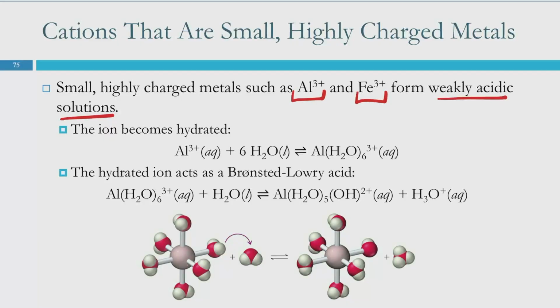The way that this works is the ion becomes hydrated, so you add waters to it. We get aluminum, in this case with 6 waters. It's still got a 3+, and the hydrated ion can act as a Bronsted-Lowry acid. So if we have another H2O, that H2O can steal one of the protons from one of those hydrates and go on to form H3O plus.